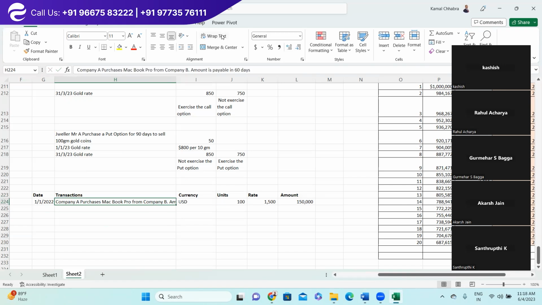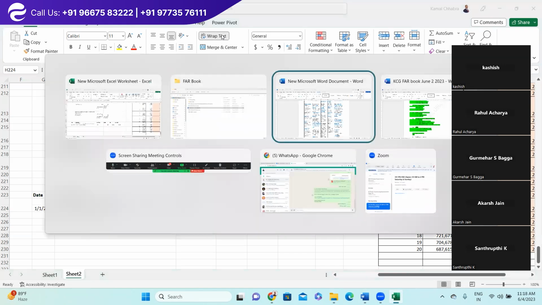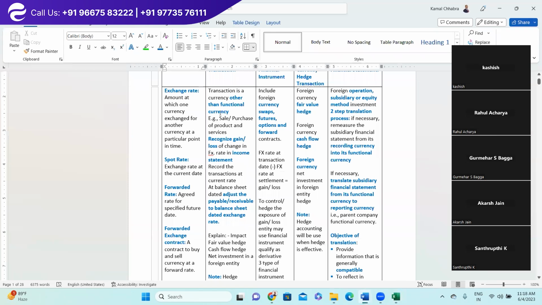The amount is payable in 60 days. So the transaction is in a currency other than the functional currency.